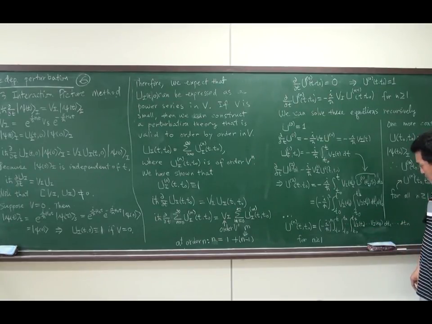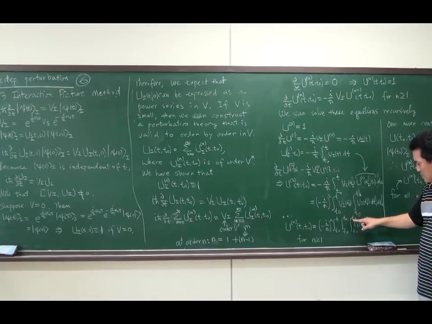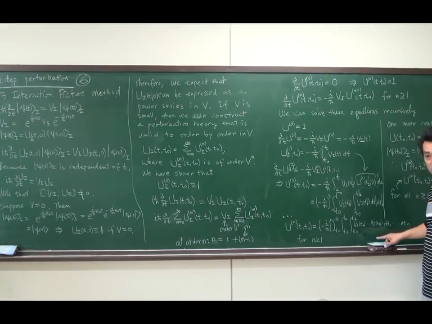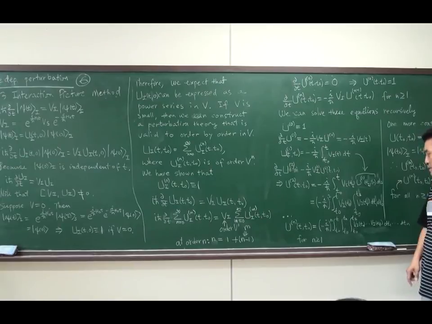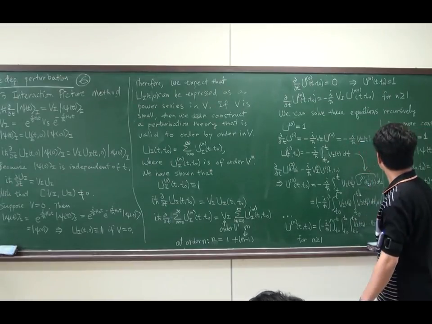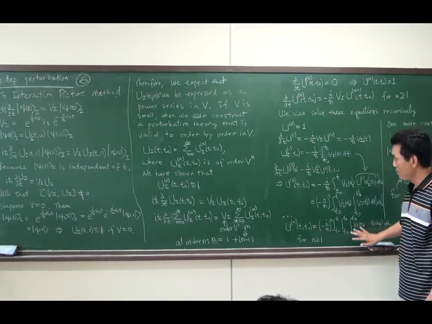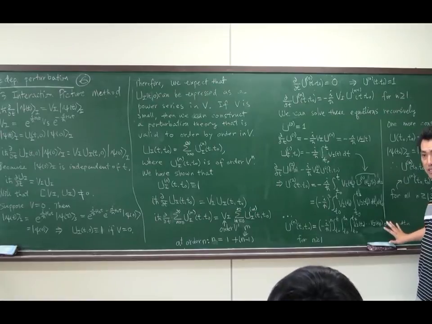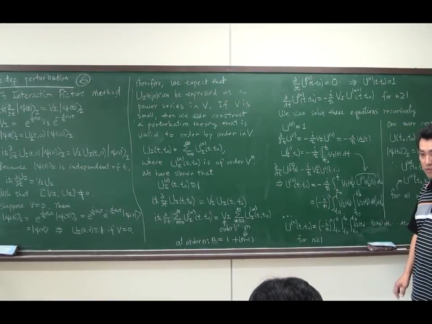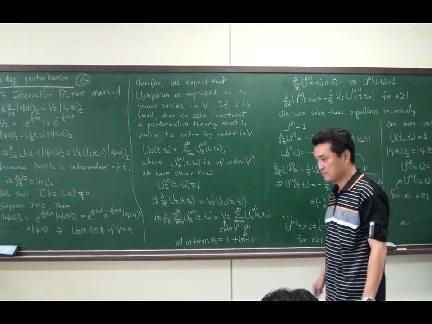So there are n minus 1 integrals, and there is one more integral, so I have n integrals. But the range of integration is not fixed to be t, but different. They are ordered. So in the next page, we would like to simplify this kind of complicated multi-dimensional integral into a simplified form. That is called the time-ordered product.